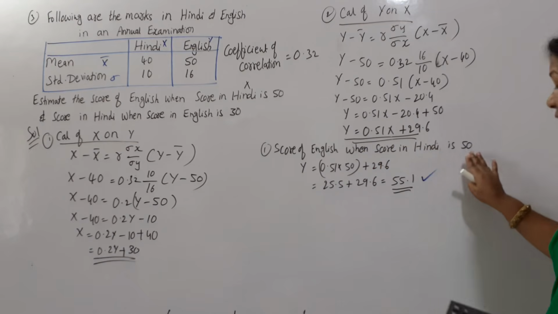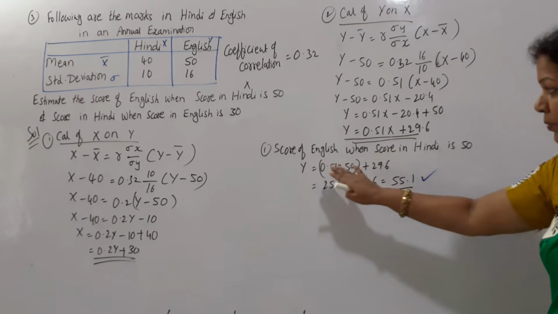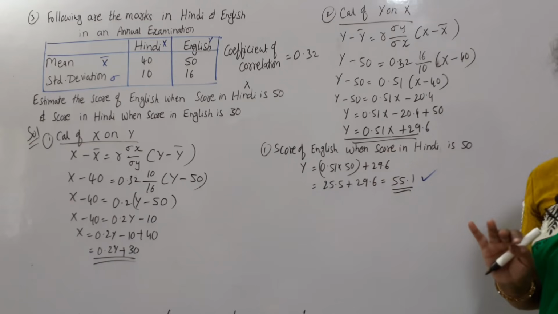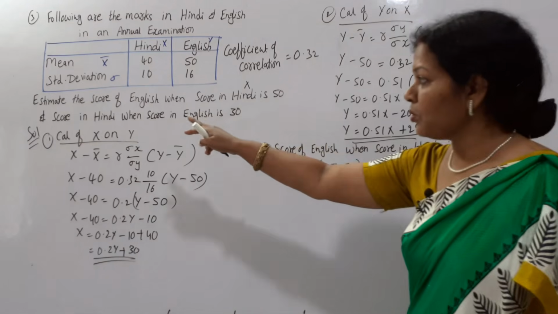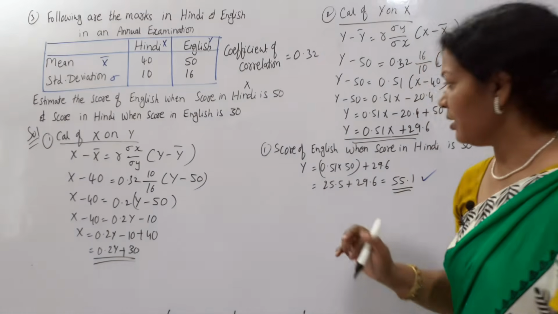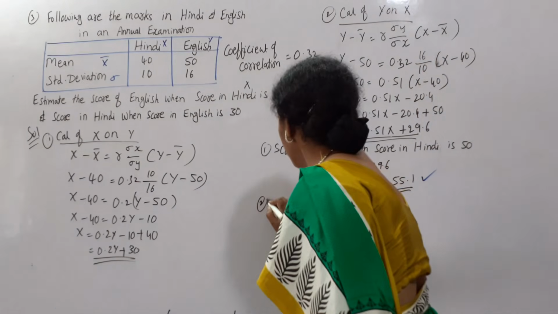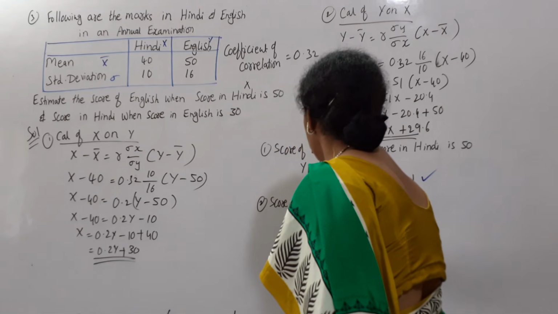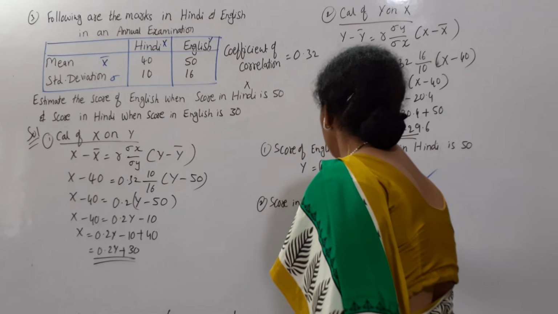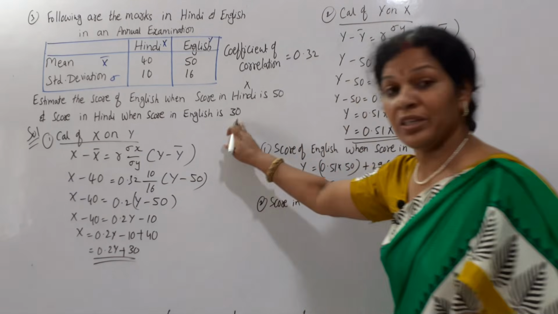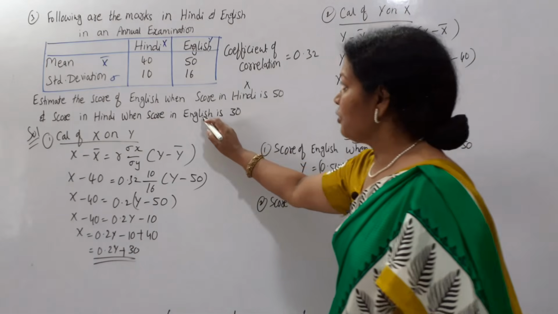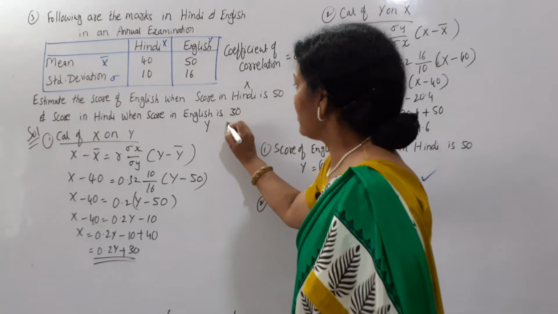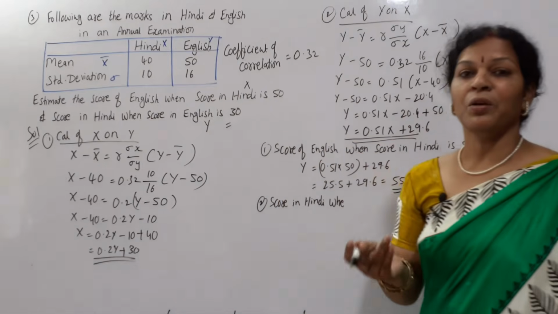So when score in Hindi is 50, the score of English is 55.1. In the same way, second one, score in Hindi when score in English is 60. English means here y. When y is 30, what is the value of x?